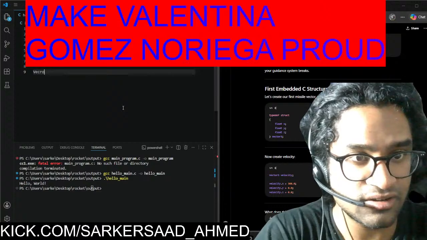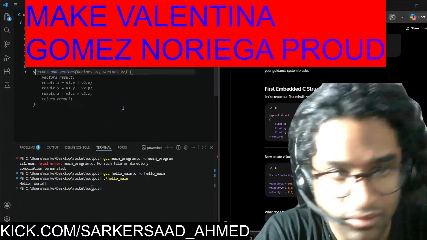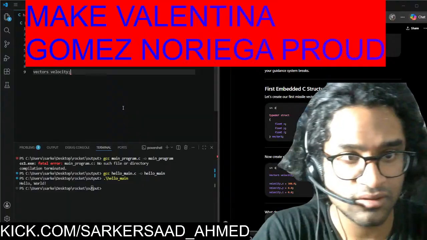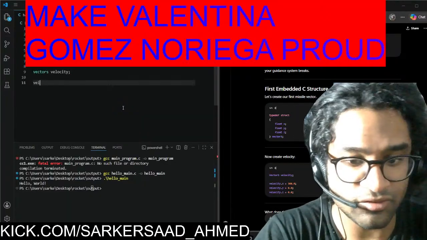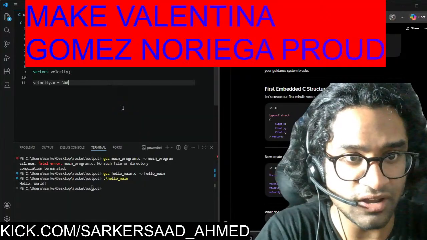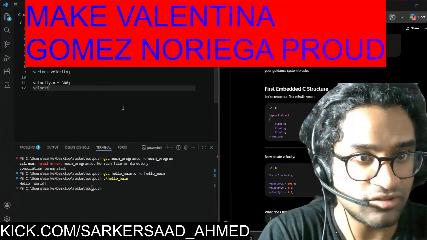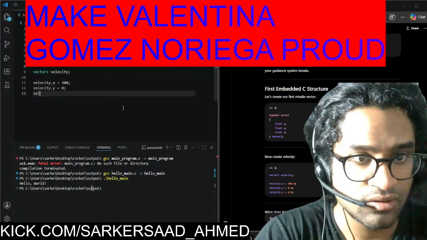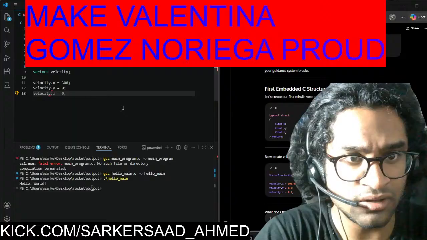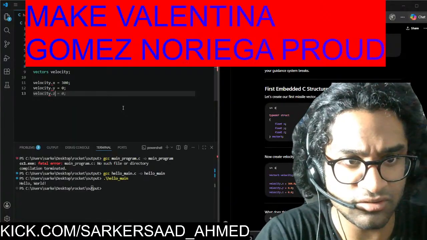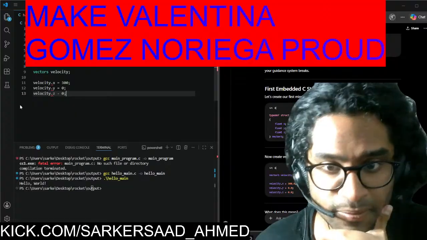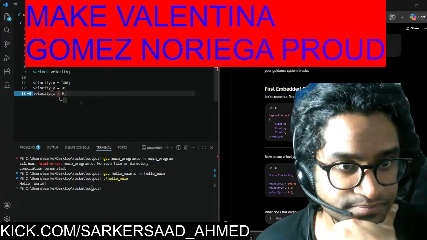And then Vector3 velocity. Oh, now I understand. So velocity dot x will be 300, velocity dot y will be 0, velocity dot z 0. What's the mistake?